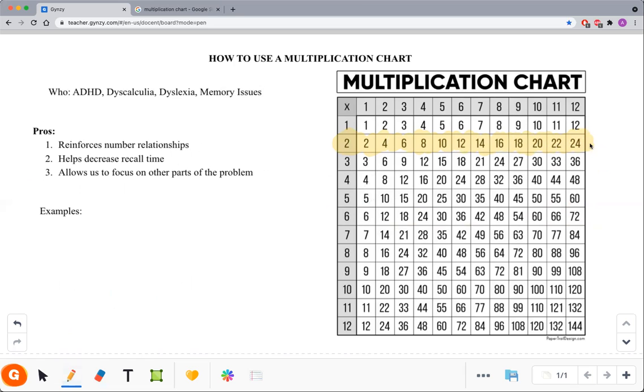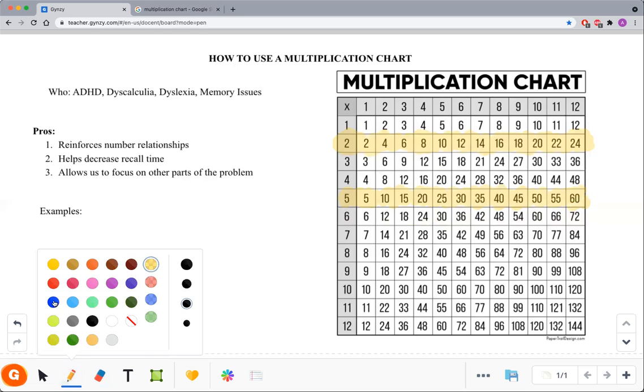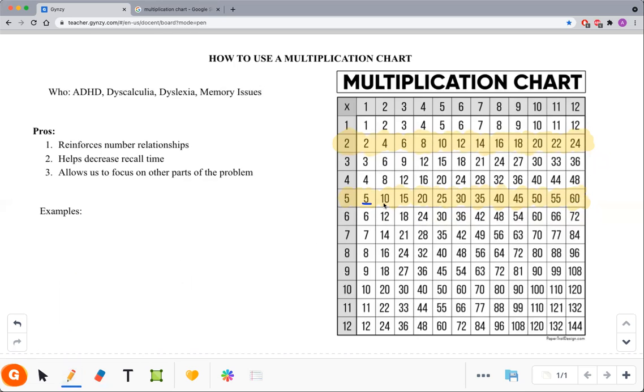They're all even. And if you have a factor of 5, what's true about all the numbers? You can show them, look, all the numbers end in a 5 or a 0. They're not just taking your word for it. They can see it. They have proof in front of them.